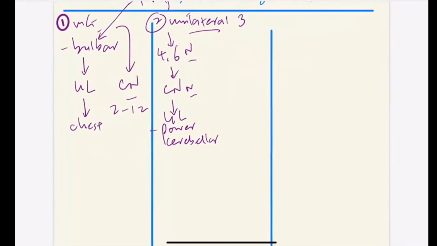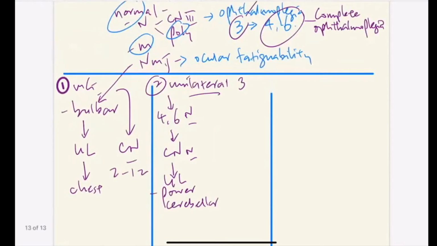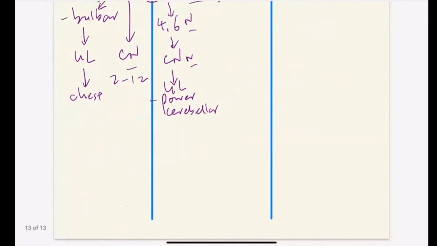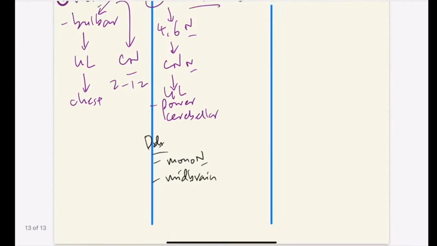Sometimes you examine the sensation if you have more time, mainly because for isolated third nerve, there are two key differentials. One is mononeuropathy, like in diabetes or mononeuritis multiplex, or it can be a midbrain lesion. All right.